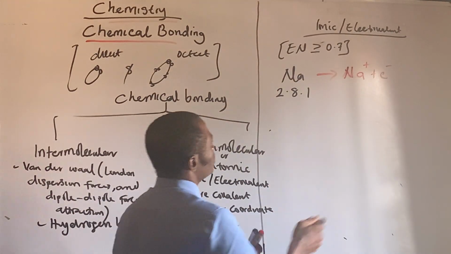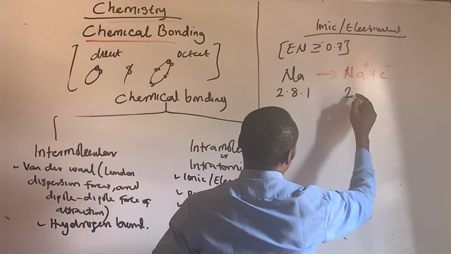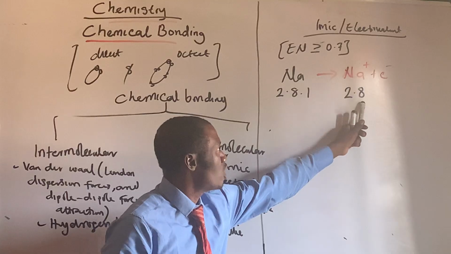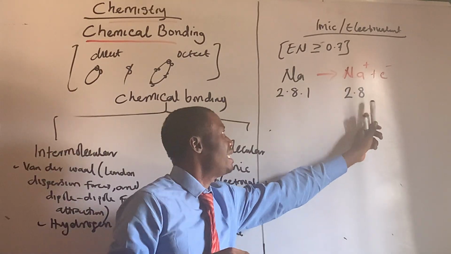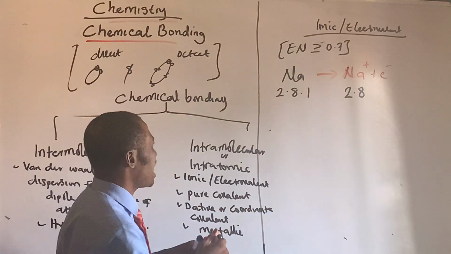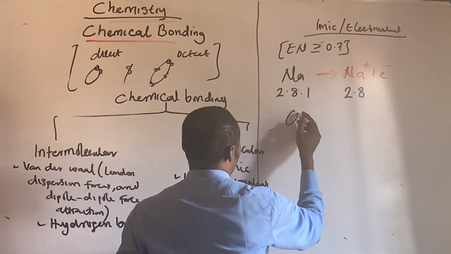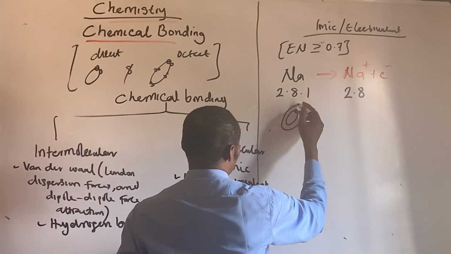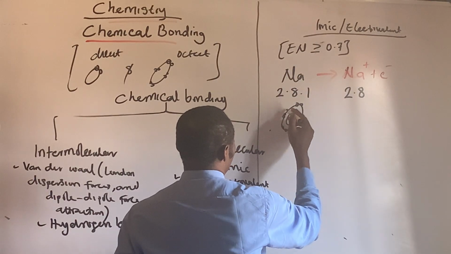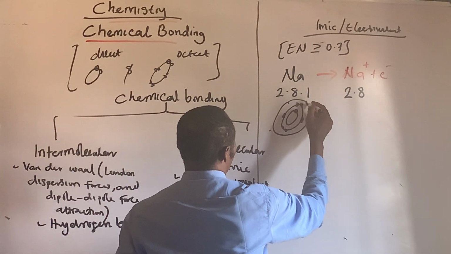You notice that the sodium becomes 2 and 8. That is, the outermost shell of sodium at this point is 8, but before it was 1.